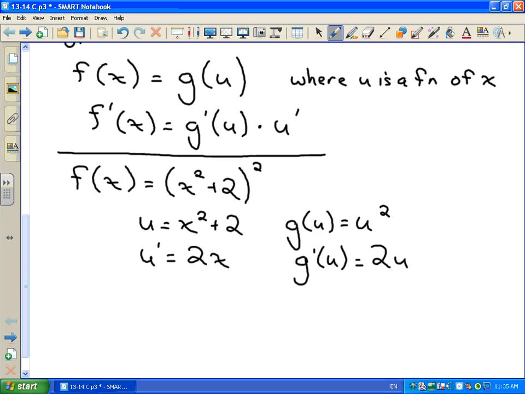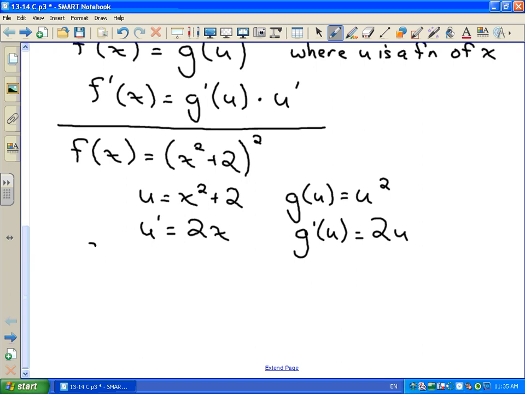So now let's put this into this definition that we have here. f primed at x is going to be g primed at u times u primed. So what's g primed at u? Well, we figured that out. It was 2u. What is u primed? We figured that out. It was 2x.